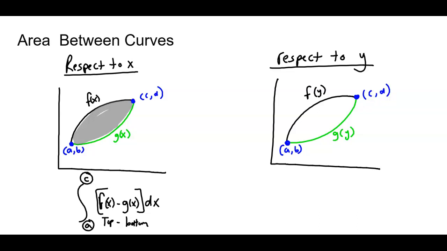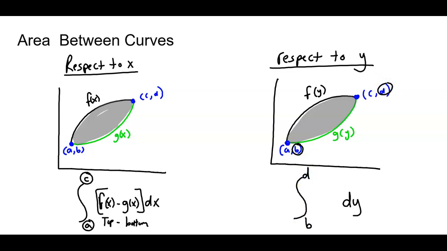Now in this case, if you wanted to find the area between the curves, which is the same region, not only do your functions need to be in terms of y, but when you're integrating with respect to y, you're going to put your first y value, which is b, on the bottom, and your highest y value, which is d, on the top.